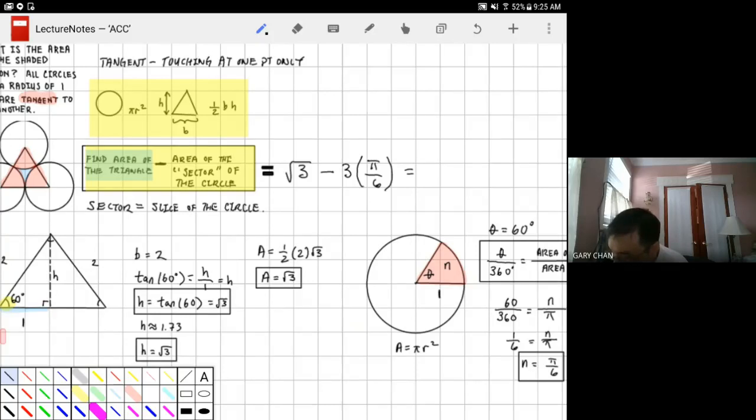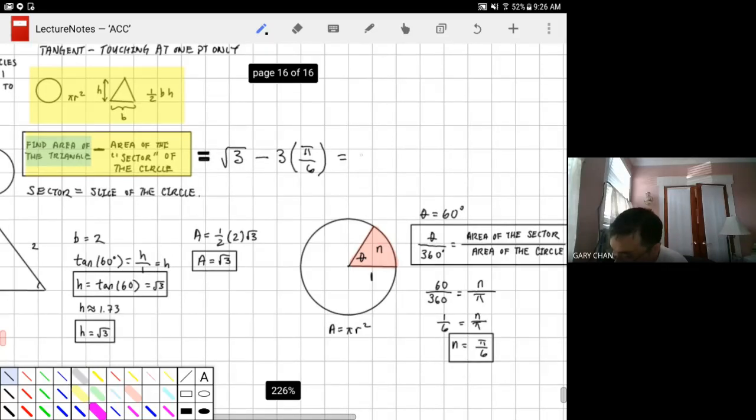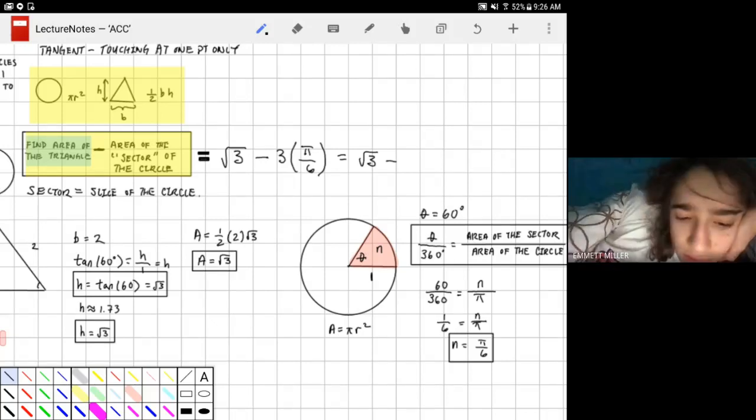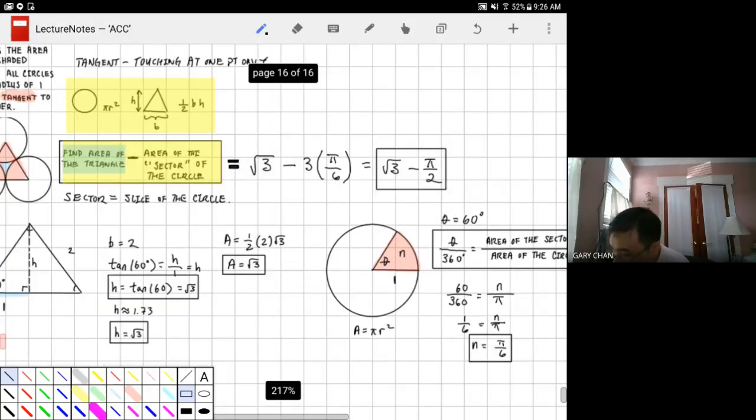The area, as a result, is radical 3 minus 3 pi over 6, or simply radical 3 minus... 3 goes into 6 how many times? Twice. So my final answer, gentlemen, is simply this. This right here is the area of that shaded region.